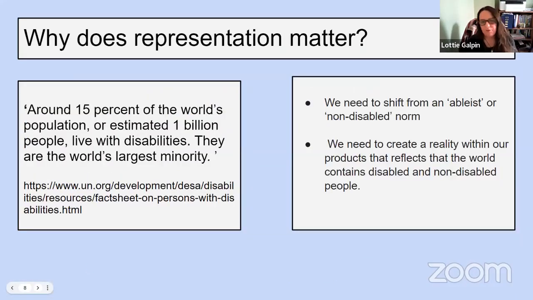And I think if we look at this figure here, that really hits home. Around 15% of the world's population, or an estimated 1 billion people, live with disabilities. They're the world's largest minority. So failure to include them within ELT materials is really quite significant.